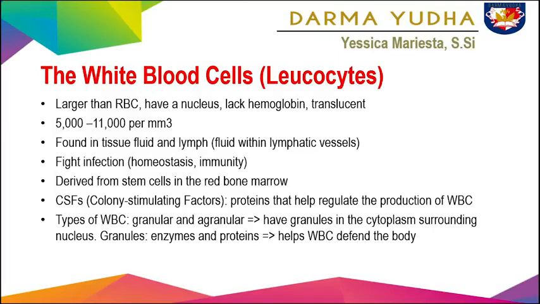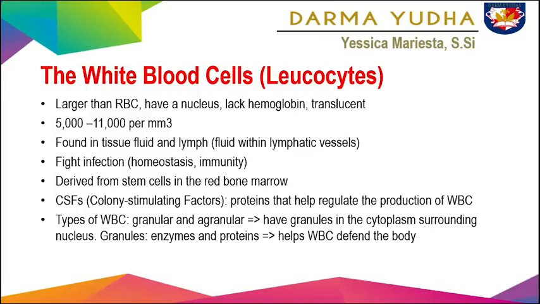They derive from the stem cells in the red bone marrow. The process of making leukocytes is called leukopoiesis. They are stimulated by various colony stimulating factors, which are hormones produced by the major white blood cells. There are two types of white blood cells: granular and agranular.